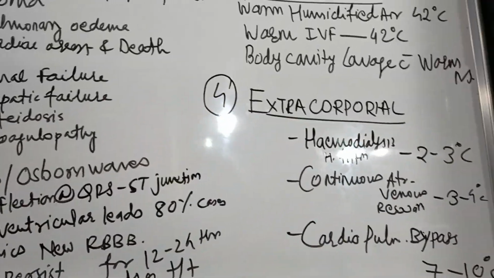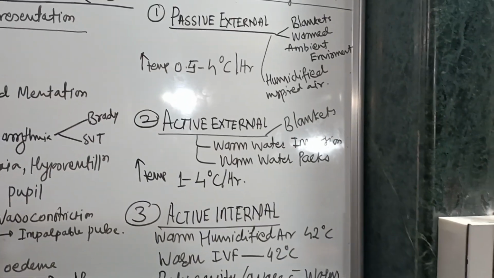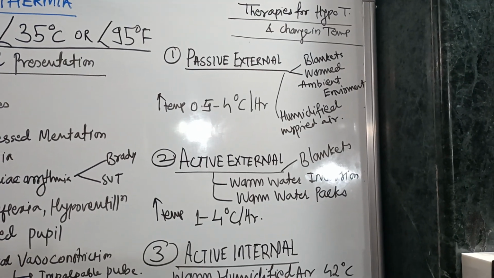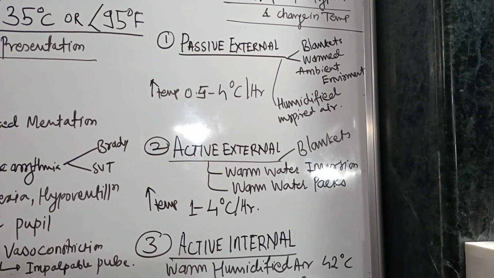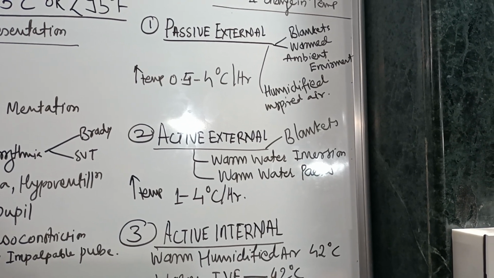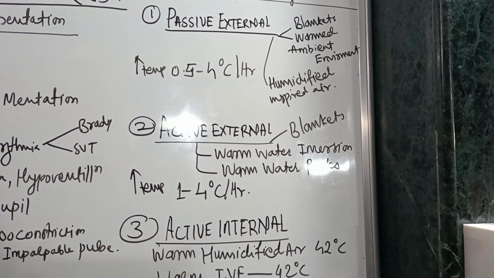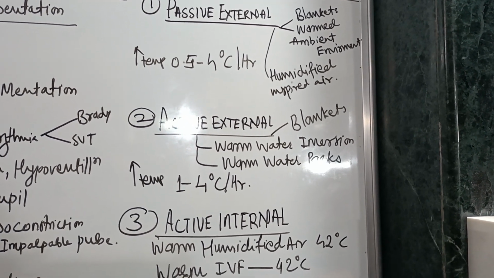So how will you treat the hypothermia? Hypothermia can be treated using different modalities, therapies, and changes in temperature I have mentioned here. So we can do passive external rewarming using blankets or warm ambient environment, or humidified air.